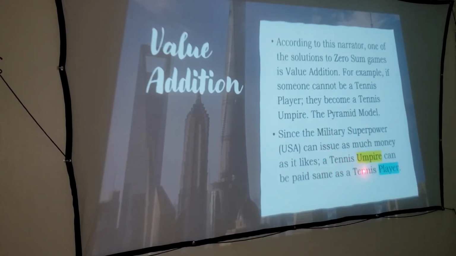A tennis umpire can be paid the same as a tennis player. So, I hope you got that. So, the United States can issue as much money as it likes. Why? Because if the United States defaults on its debt, nobody can come up to the United States and say, you owe us.